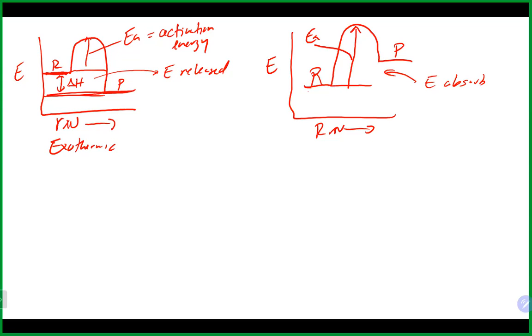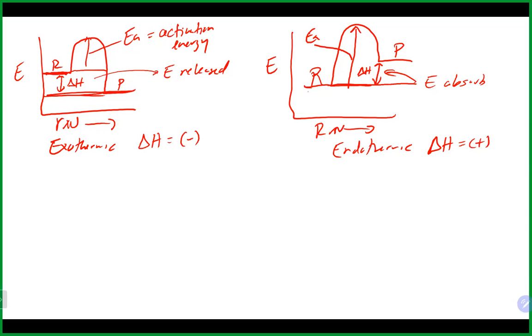If we were doing our delta H here, it would be the difference between where they end up. That leads us to an endothermic reaction where our delta H is positive, and our delta H for the exothermic one is negative.